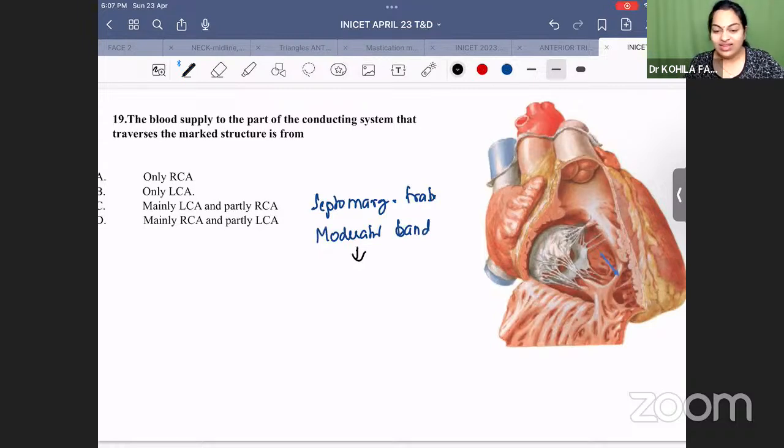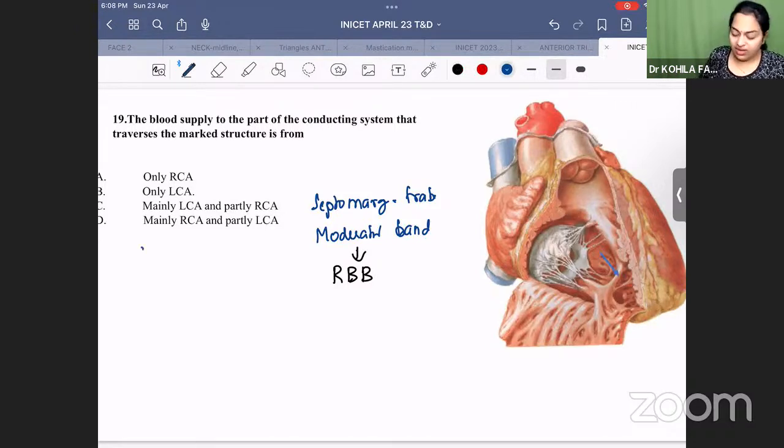Which part of the conducting system is going to travel it? Yes, from the bundle of His, we have the right bundle branch, okay? That is going to traverse the moderator band, right? Okay, and reach here. Now, where does the blood supply to this come from?